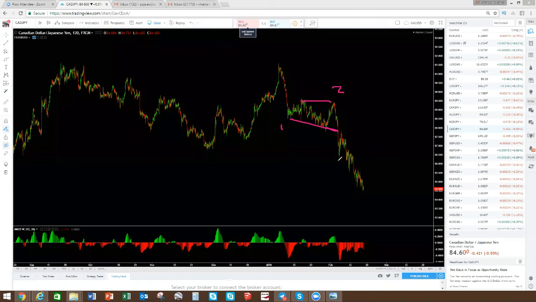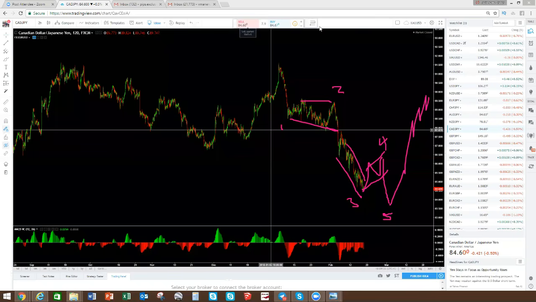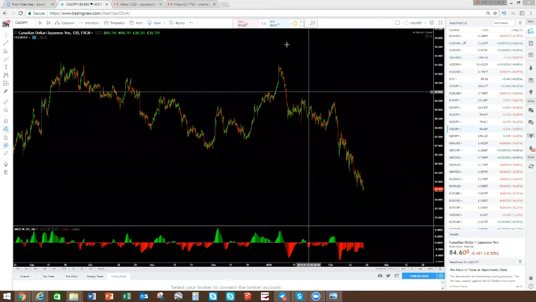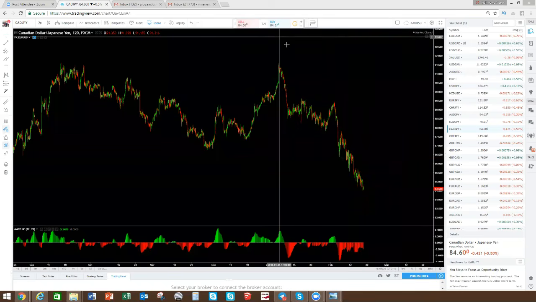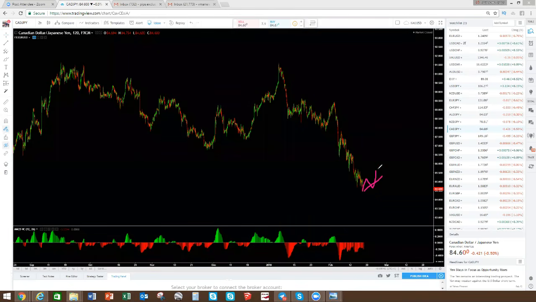Now we're looking for a reversal for a 4 at least, 3-wave pullback, 5, before we actually get that reversal that the rest of the pairs are. So this one is a clear one because we've got an impulsive wave. We can actually focus that we're going to get a 4 here, a 3 there, before we get a pullback. Okay? So if you're getting something like an impulse here, it may just be a 3-wave pullback for a wave 4.